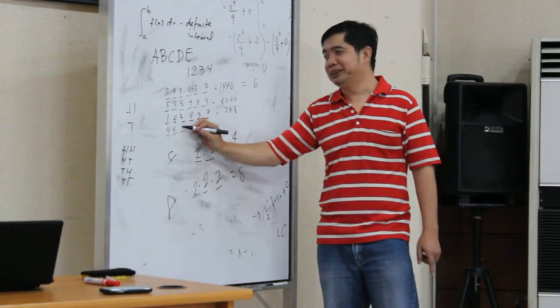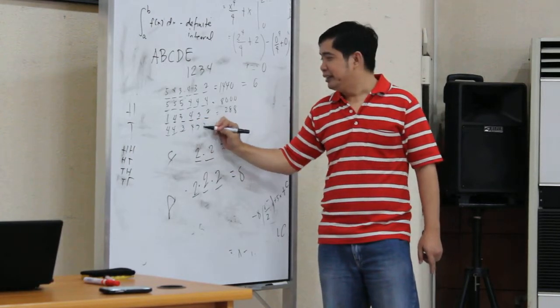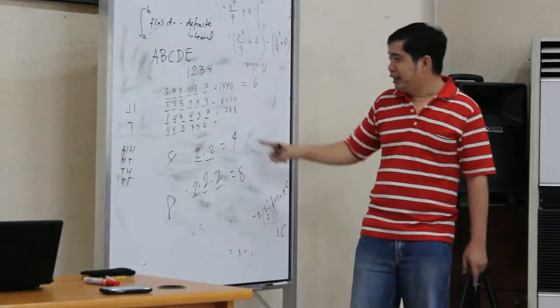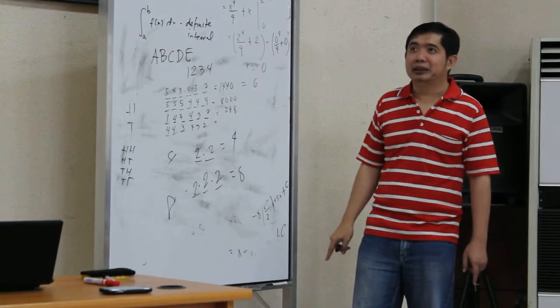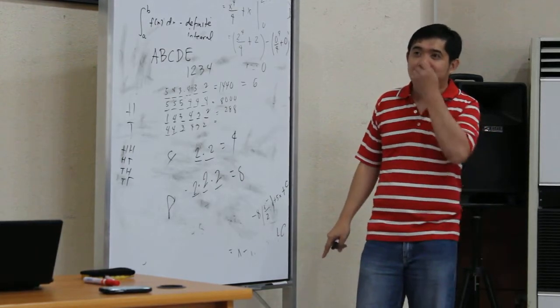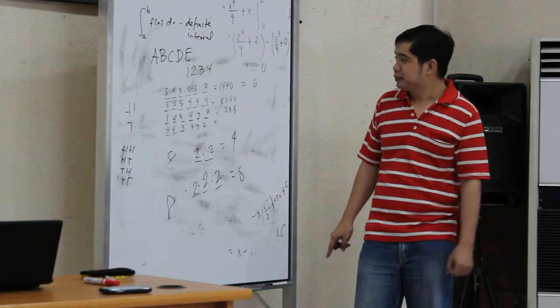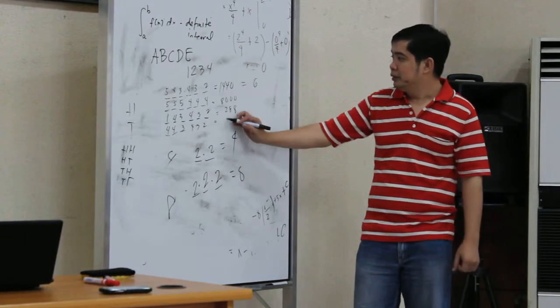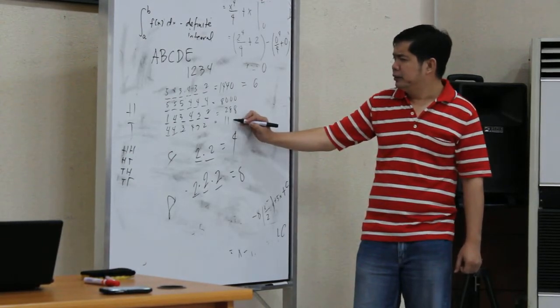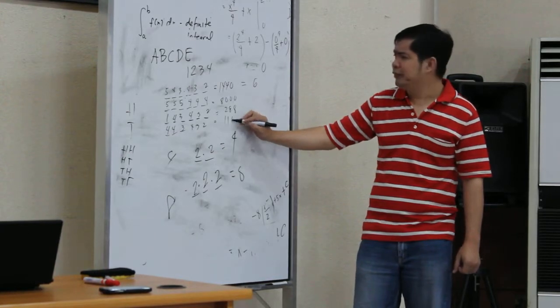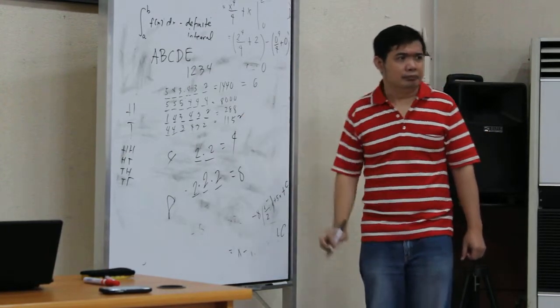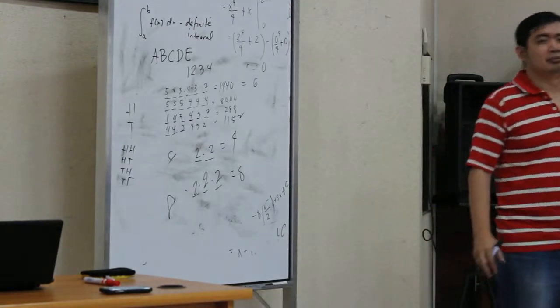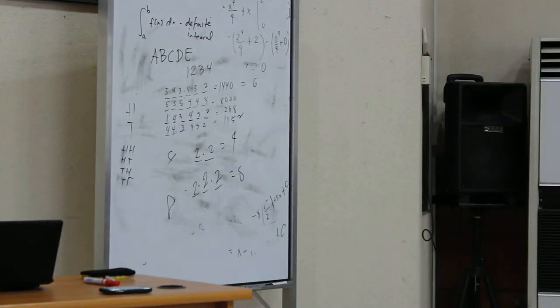Okay, so 4, and then this is 3. So it's just times 4. What is 288 times 4? 1,152. Okay. That answers the question.